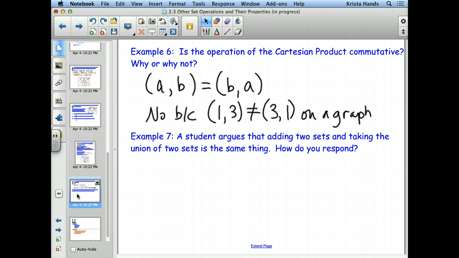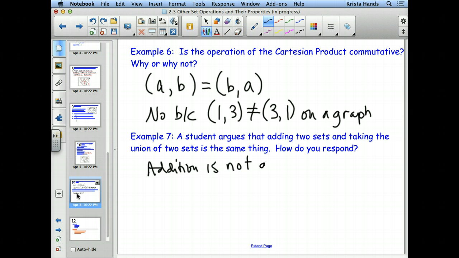There's unions, there's intersections, and then there's that thing that we call Cartesian products. Remember that? So addition of two sets, we don't have that. Let's say it this way: addition is not an operation on sets.